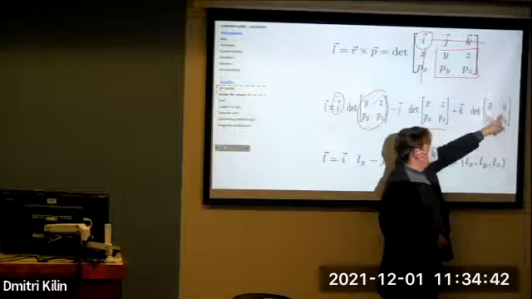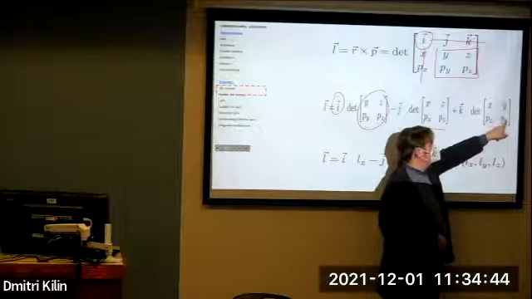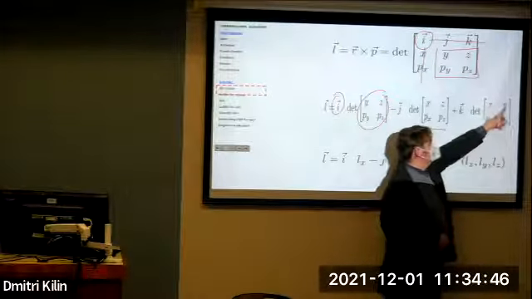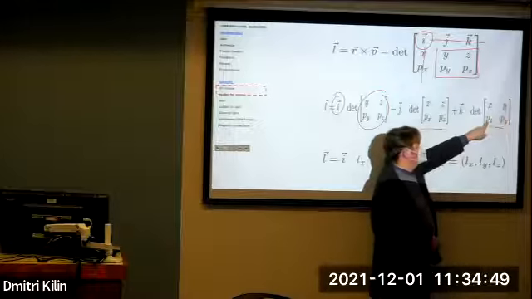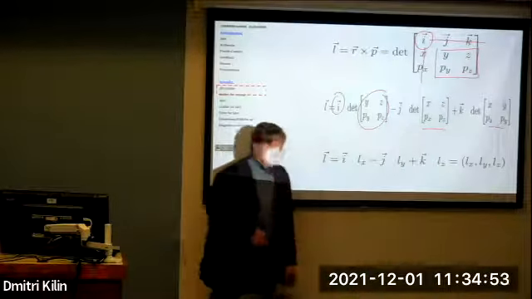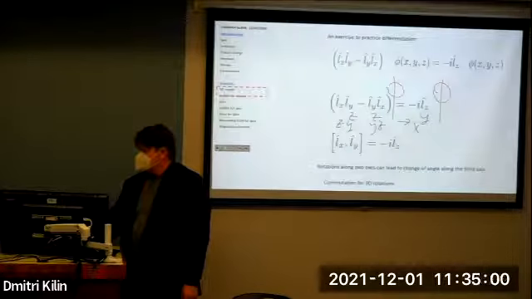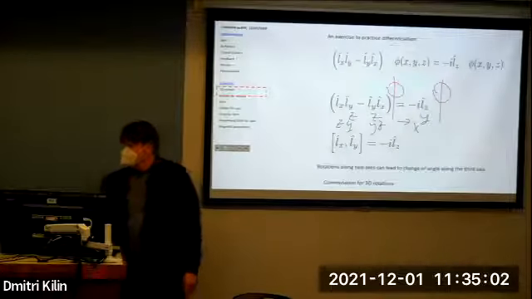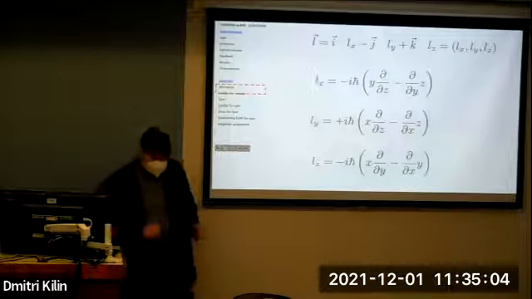So it will be position along X times momentum along Y, minus position along Y times momentum along X. So this gives angular momentum.